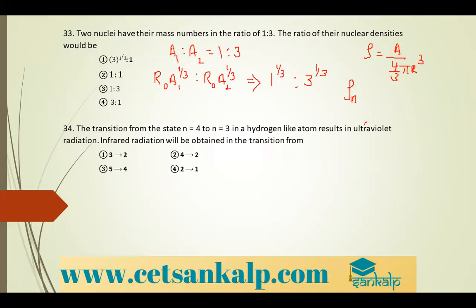When you solve, rho A1 is to rho A2 is equal to 1 divided by 4/3 pi r naught cube into 1 cube, is to 3 divided by 4/3 pi r naught cube into 3 to the power 1/3 the whole cube. Taking the ratio, we finally get 1:1, because the cube root and the cube cancel. So the ratio is 1:1.